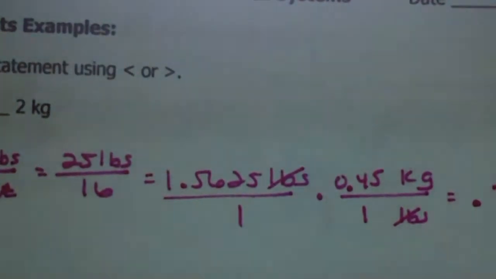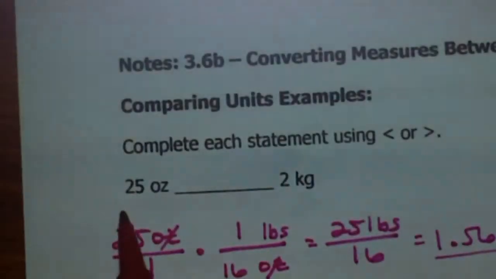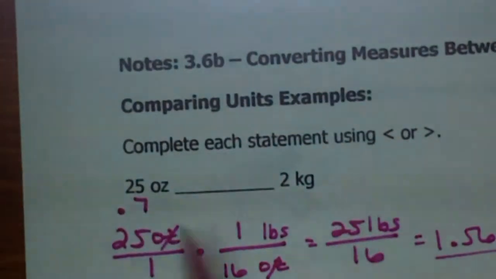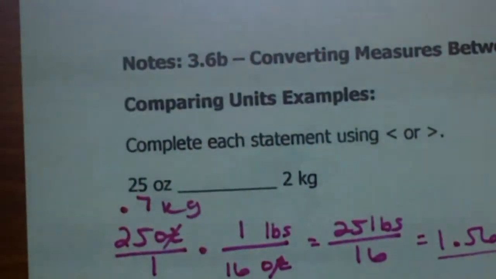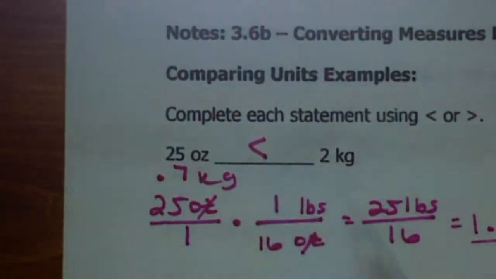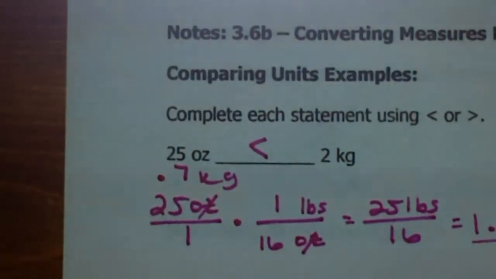So now we can compare about 0.7 kilograms to 2 kilograms, and we can see, hey, that's a lot less. Yeah, that was pretty easy, huh? I know, it takes a lot of practice with this. This will actually be helpful to you when you're trying to do physics problems later on. You'll have a whole stream of these things lined up.